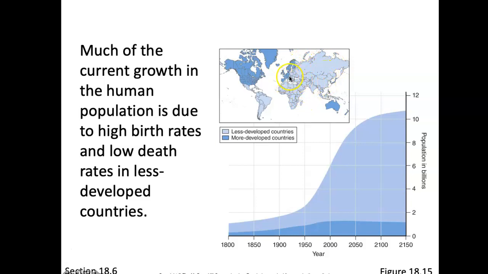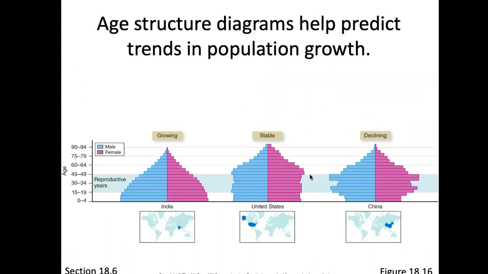So we're excluding Europe, these Nordic countries, Australia, North America, Greenland. And look at the population in billions is growing so dramatically, much less so in the darker blue areas where individuals are having fewer children.